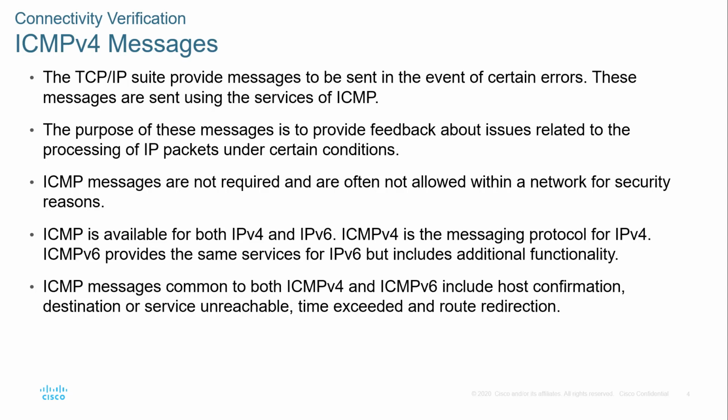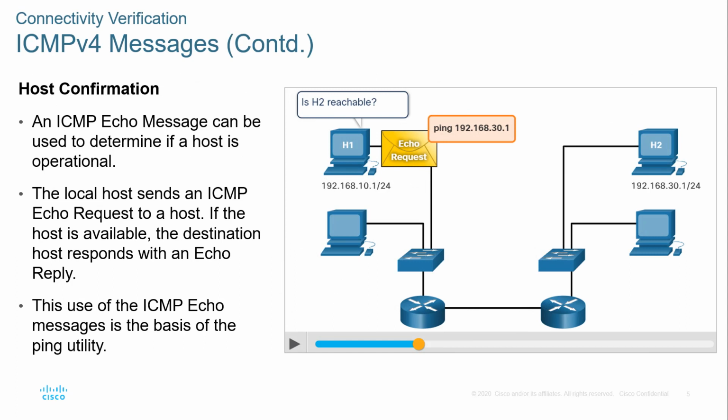While there are a lot of commonalities between ICMP version 4 and version 6, both of them provide host confirmation, destination or service reachability, time and route direction, things of that nature. Those are all pretty similar in all versions. So for host confirmation, essentially ICMP will send an echo message.